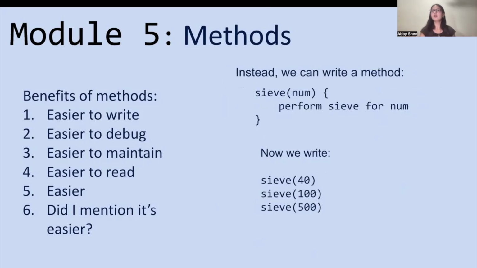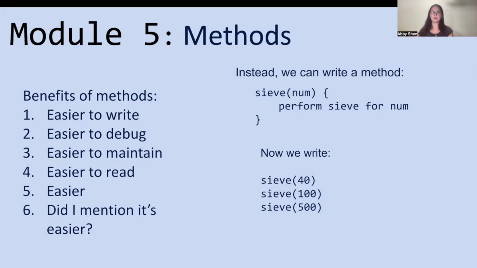So instead, what we could do is write a method where we have the sieve, and the parameter could be the number that you want to go up until. And then inside that method, we would put all of the stuff that performs the sieve of Eratosthenes to find the prime numbers.